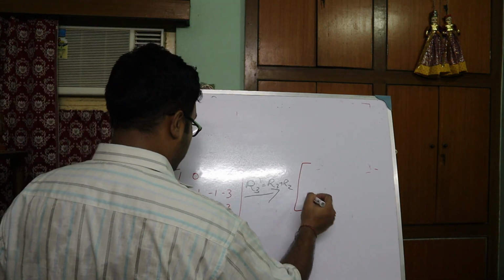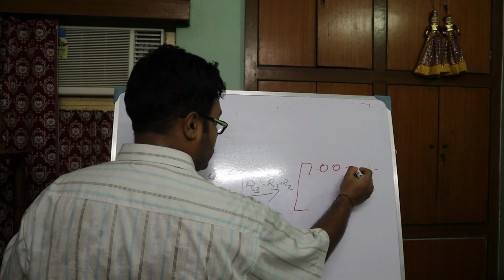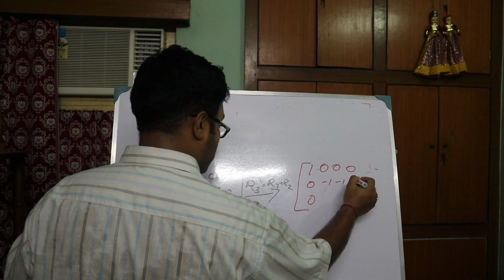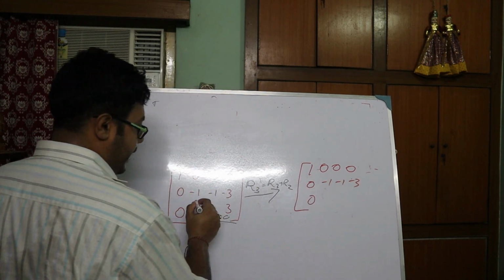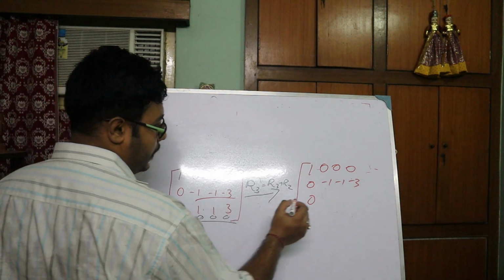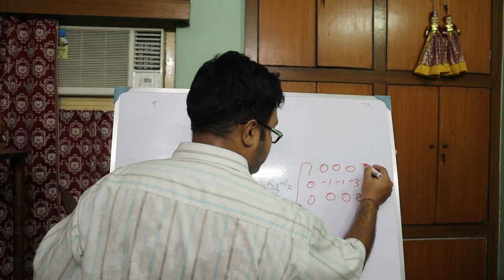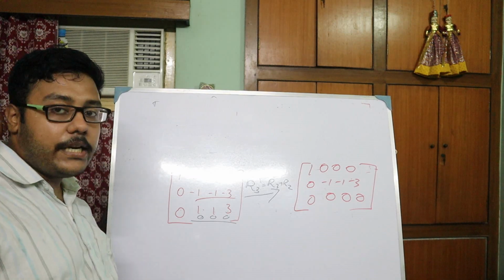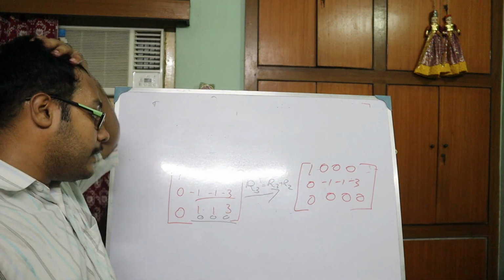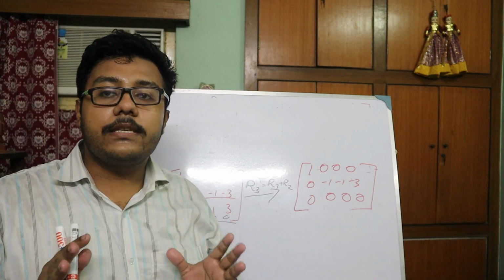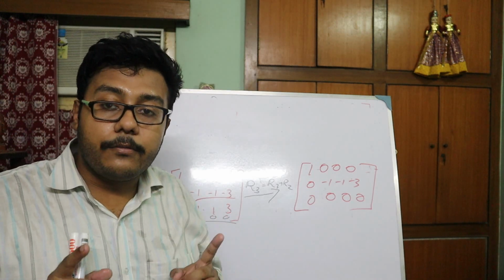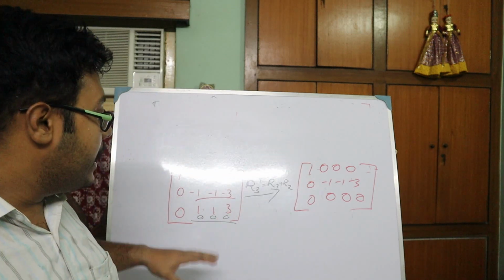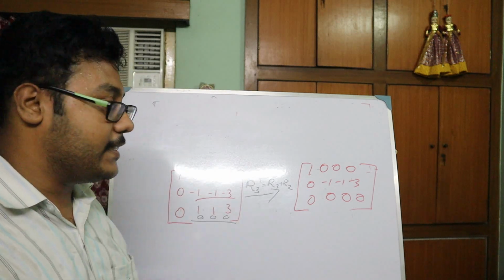By adding this, what do we get? 1 0 0 0, then 0 0, minus 1 minus 1 minus 3. Adding this part with 1 1 and 3, we get 0 0 0. Now we have to convert this into a minor, which will be a non-zero minor. We have to find the non-zero minor, which will help us to normalize this matrix and get the rank of this matrix.